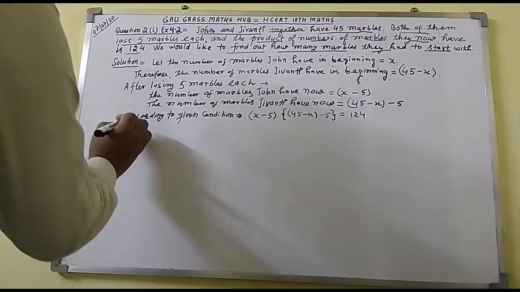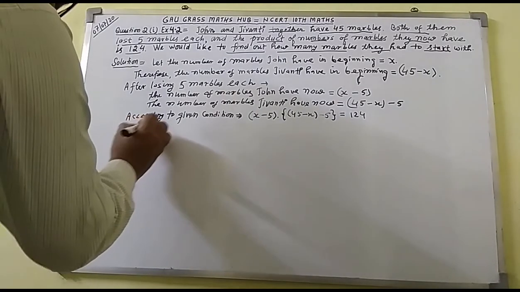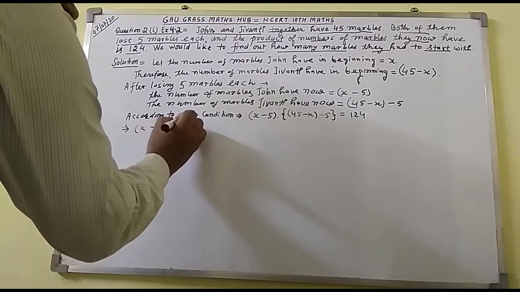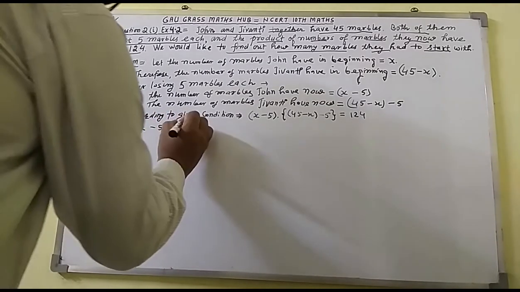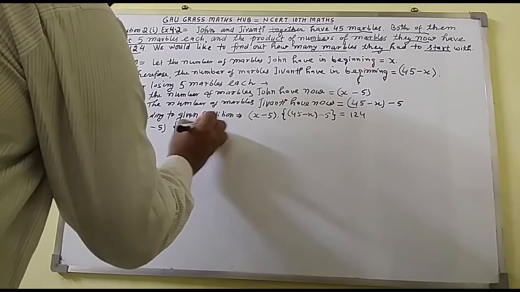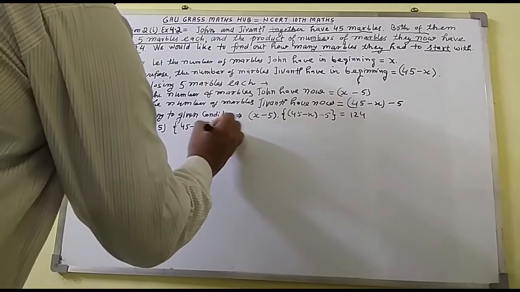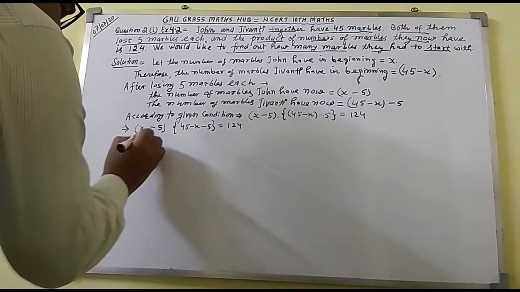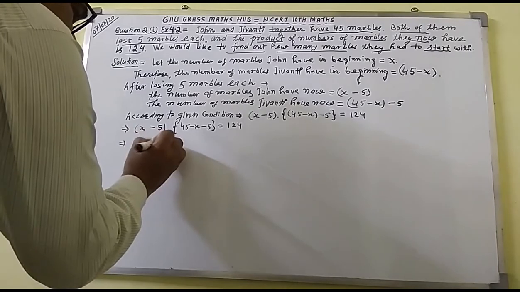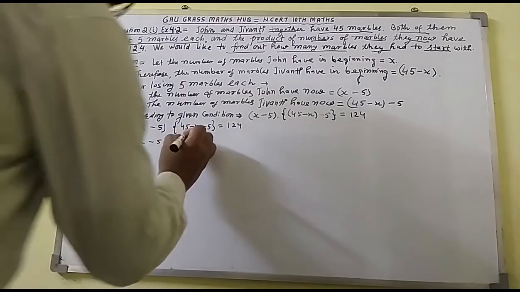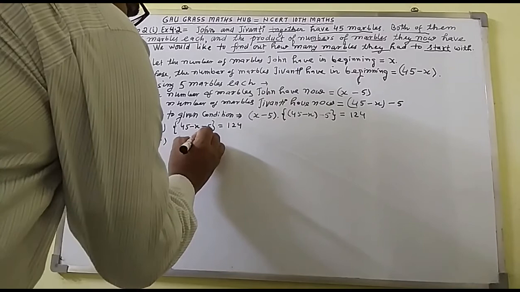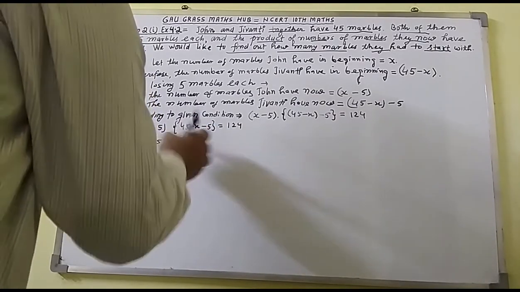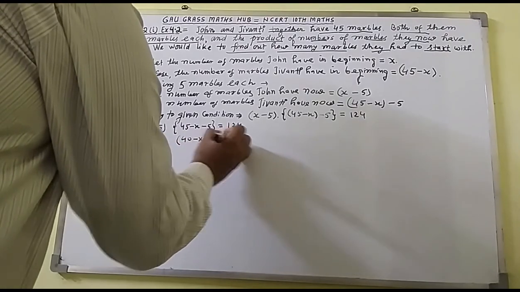Now simplify this. Here you will get x minus 5 times the bracket 45 minus x minus 5 equal to 124. Now come to the next. 45 minus 5 comes out to 40 minus x, equal to 124.